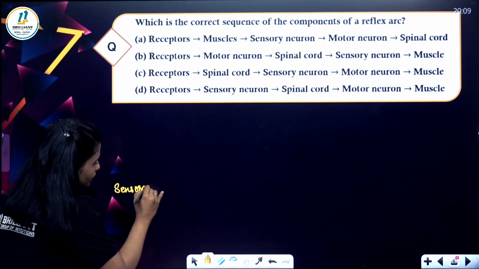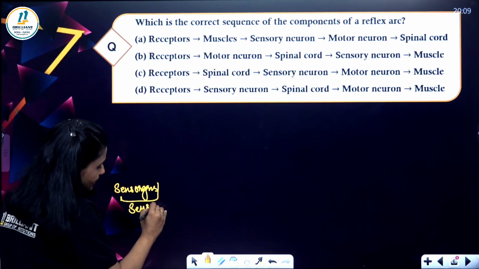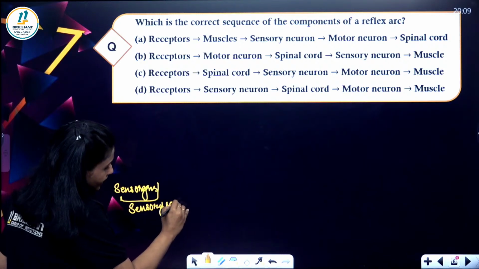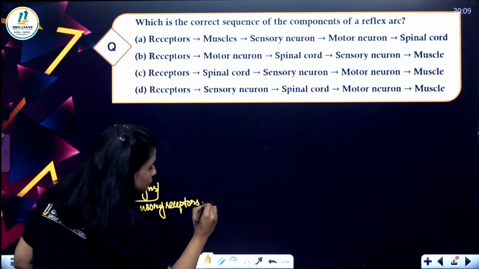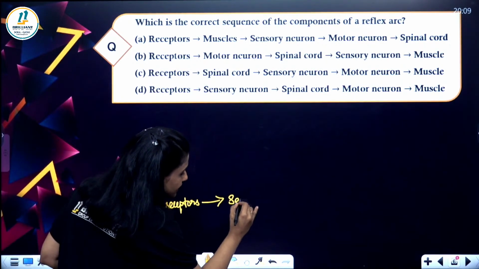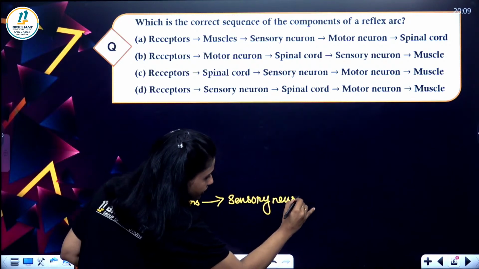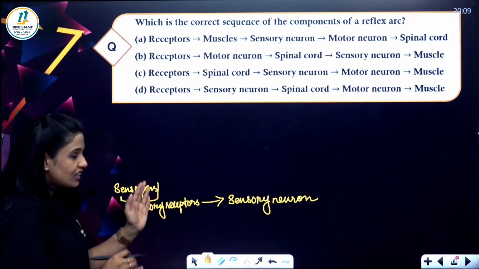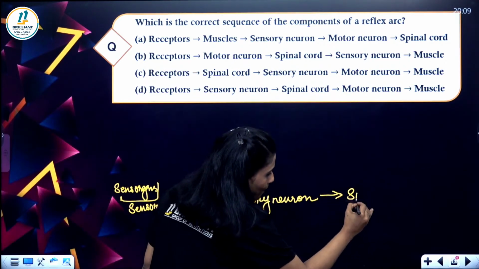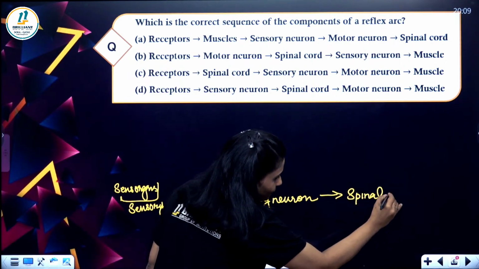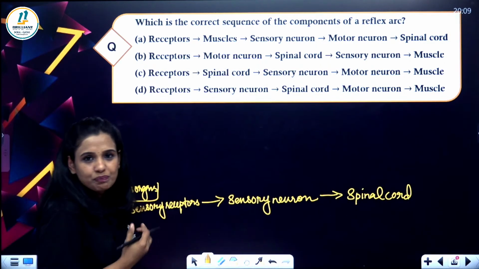Okay, sense organs, what will be there? Sensory receptors will be there. From sensory receptors to sensory neuron. Sensory neuron carries the impulses to the spinal cord.